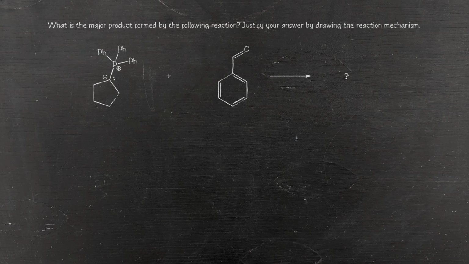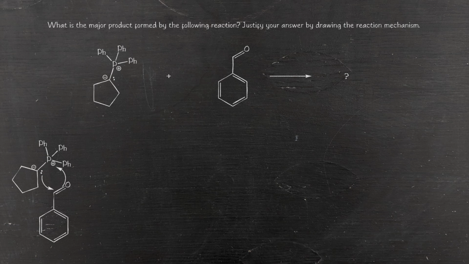Now that we have an idea of how ylides form and the mechanism of the Wittig reaction, let's do a few practice questions. Okay, so let's take a look at our first question, where we're asked to predict the major product in a Wittig reaction and to justify that prediction by giving the reaction mechanism. We can see that we have an ylide that was probably formed from something like bromocyclopentane reacting with benzaldehyde.